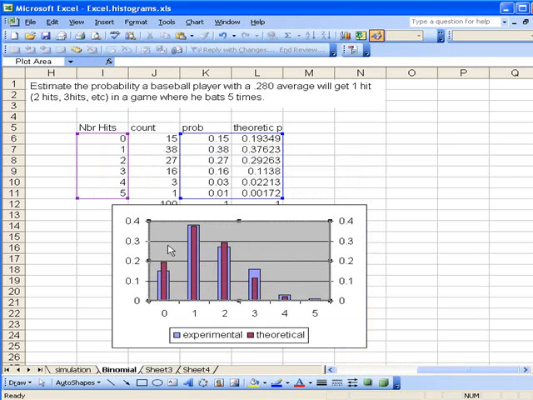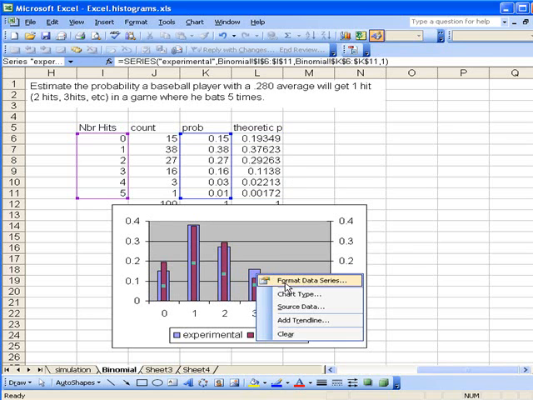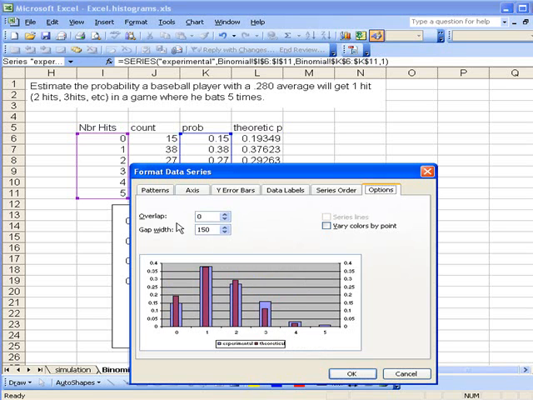That happened to make it so maybe we should make the experimental a little wider. So I can right-click on the experimental one, go to Format Data Series, go to the gap width, and since I'd like to make this one wider, that means I would want to cut down the gap width.